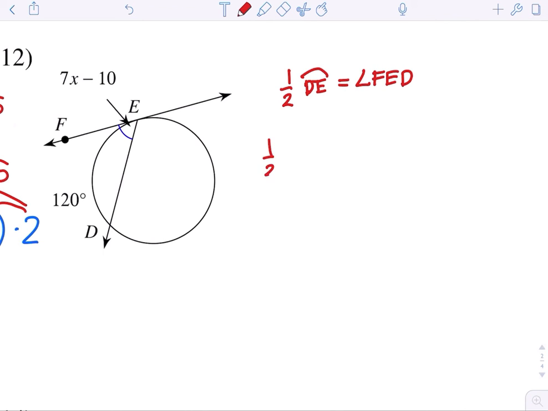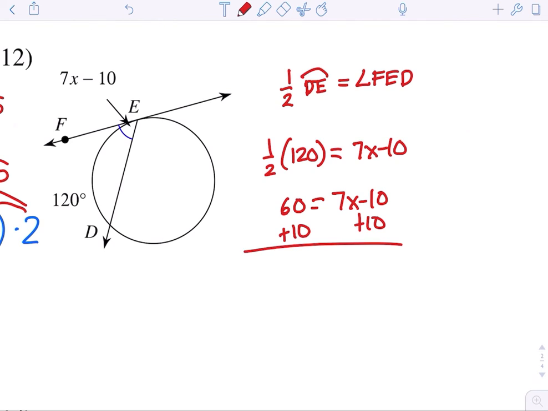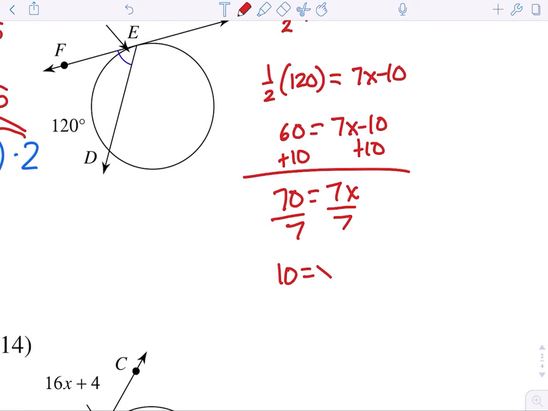Well, 1/2 the arc, which is 120, and then the angle is 7x minus 10. So let's solve for this out. Half of 120 is 60. Add 10 to both sides. 70 is equal to 7x. Divide both by 7. So 10 is going to equal x for this problem.